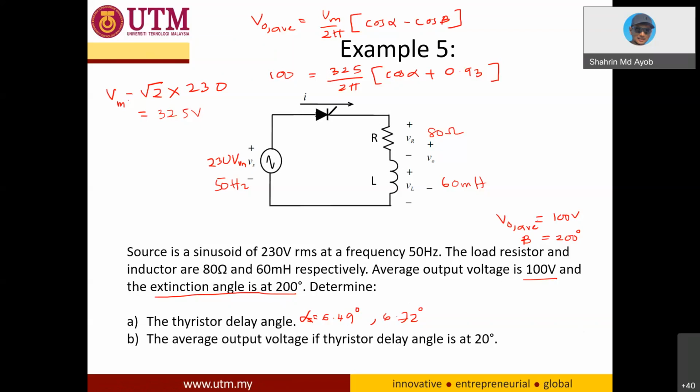Okay, and then I think the second one is straightforward. The average output voltage if the thyristor delay angle is set at 20 degrees. So just substitute the values, 325 over 2 pi, and then multiply with cos 20 minus cos 200. So 97, right? 97 volt, the V out average.